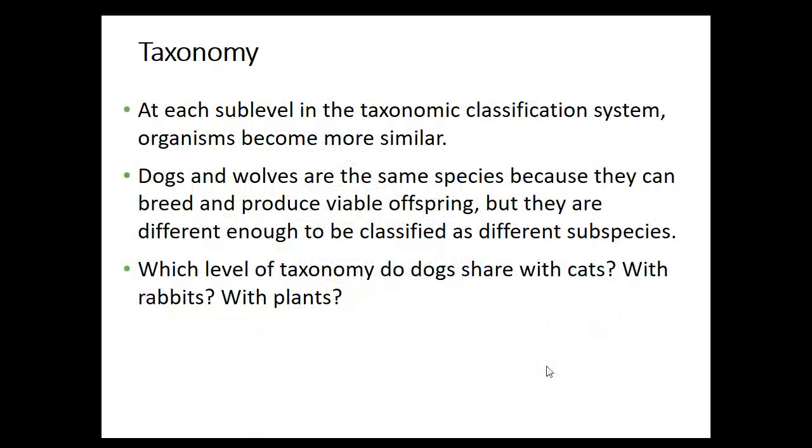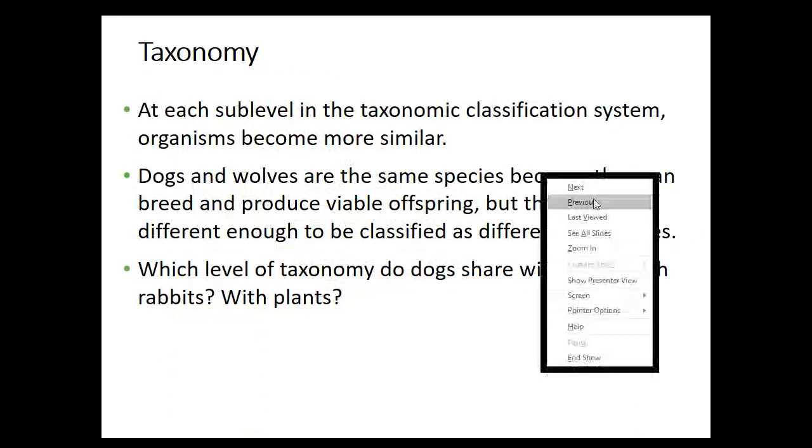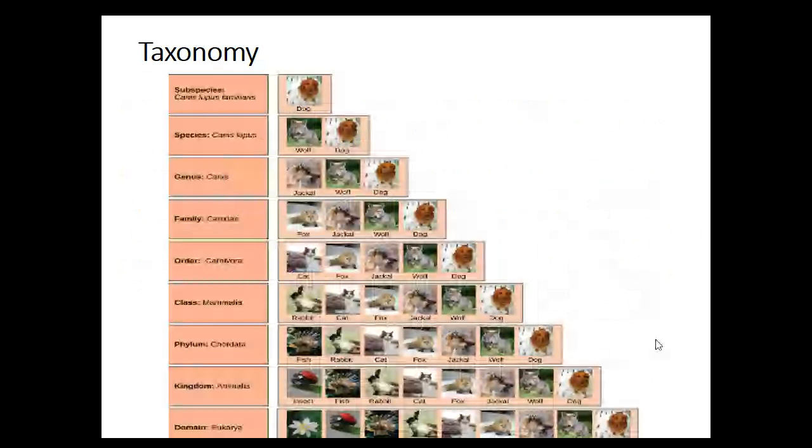So that just means that all of the organisms in this class of Mammalia are more similar to each other than to organisms outside it. Some of these, like the insects, are not very similar to rabbits. They're not very similar to cats. But within these smaller groups, they're all more similar to each other.